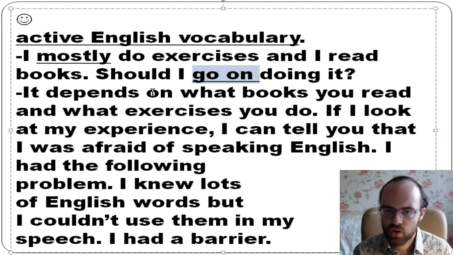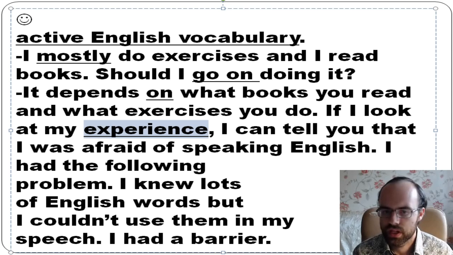It depends on what books you read and what exercises you do. It depends, yeah, we say depends on. So it's about what books you read and what exercises you do. If I look at my experience, it means what I did, so how I learned English, I can tell you that I was afraid of speaking.